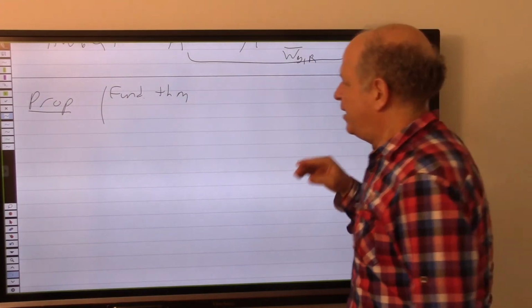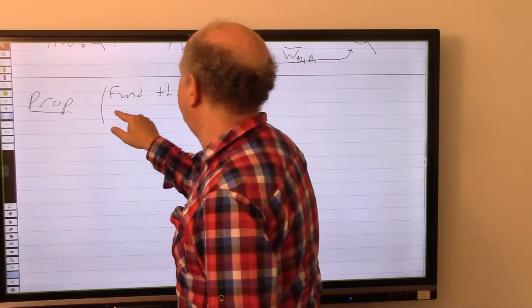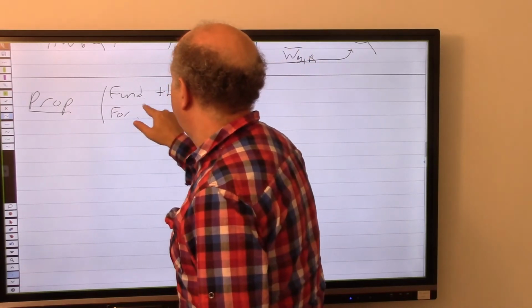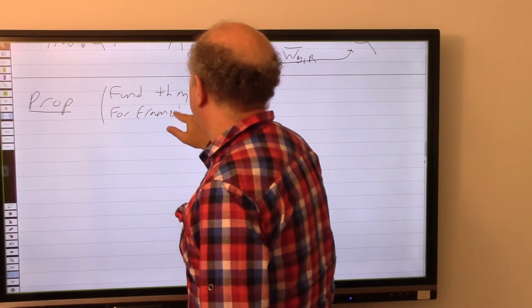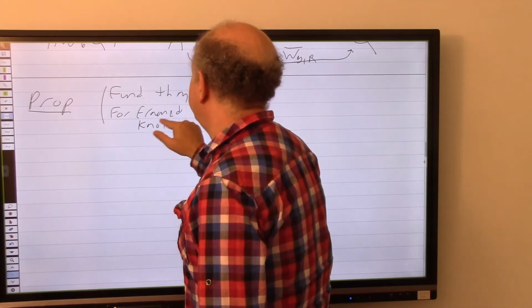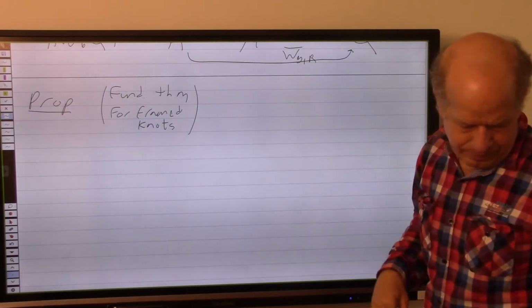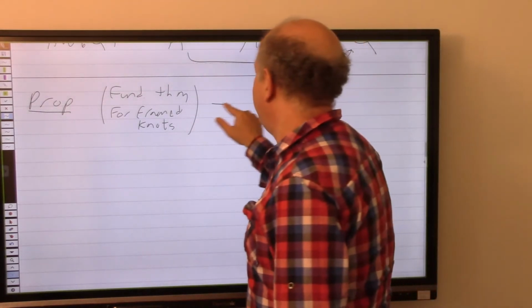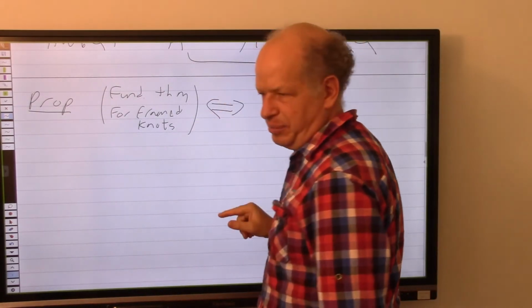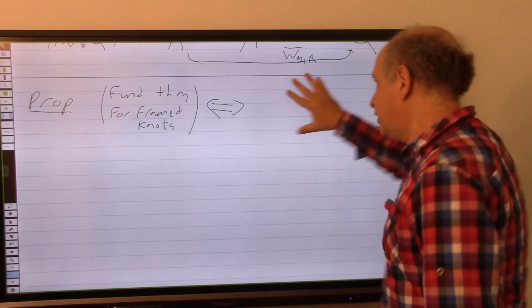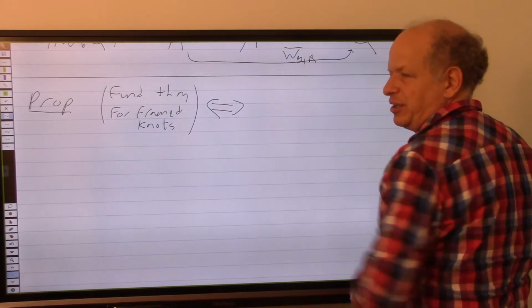Okay? So in fact, the fundamental theorem for framed knots, and there is a similar formulation for unframed knots, is equivalent to the following statement. And in practice, you end up proving the other statement.